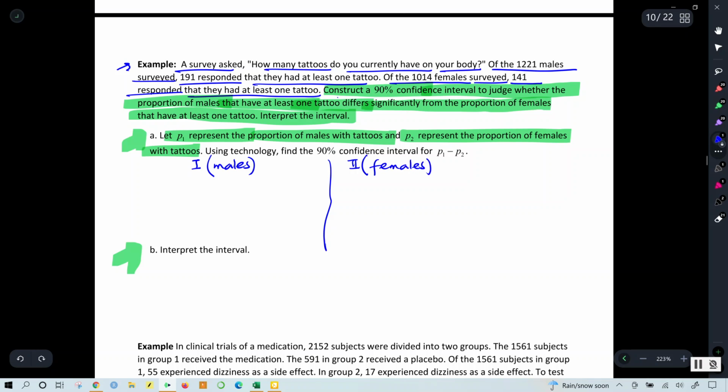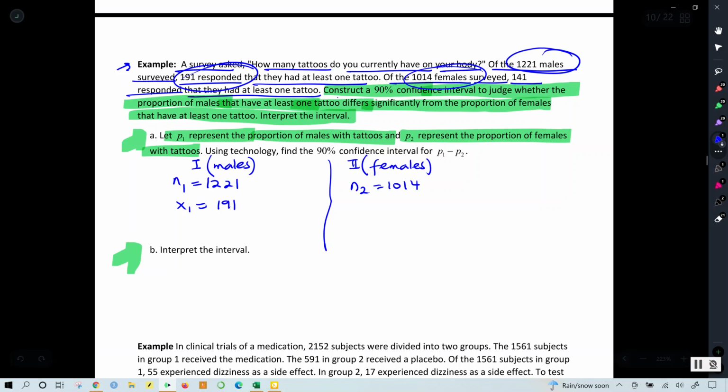Then, in the case of males, the total males selected, N1, is 1221, X1 is 191, and for females, N2 was 1014. This is the sample size for females, and then X2 is 141. So we would like to construct a 90% confidence interval.